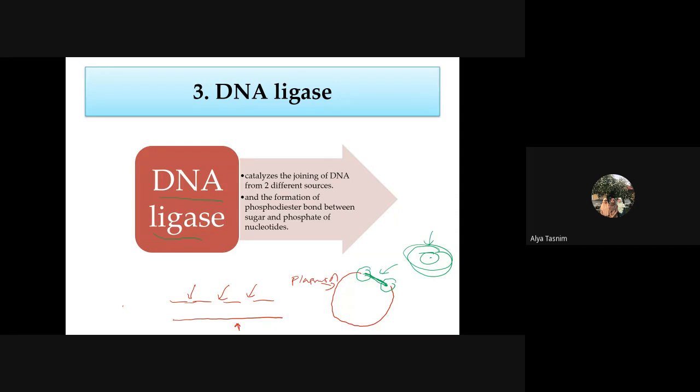DNA ligase catalyzes the joining of DNA from two different sources, which are the plasmid and the gene of interest. Once they are joined together, you produce recombinant DNA.